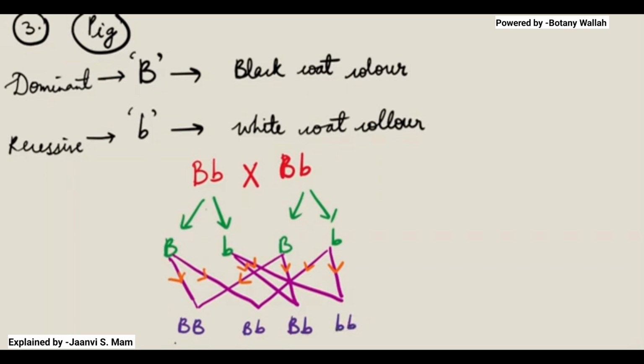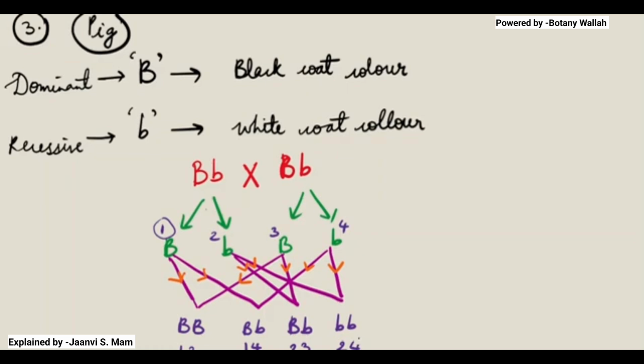I hope you understood how we got this. If we number the gametes as 1, 2, 3, 4, then when it is 1 with 3, you get capital B, capital B. When it is 1 with 4, you get capital B, small b. When it is 2 with 3, you get capital B, small b.